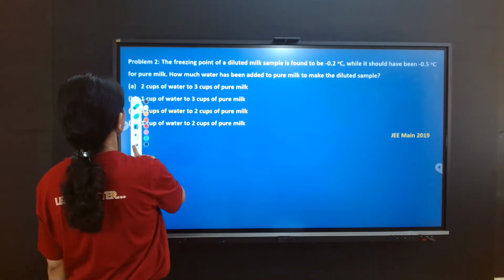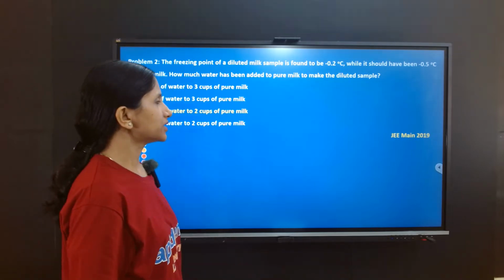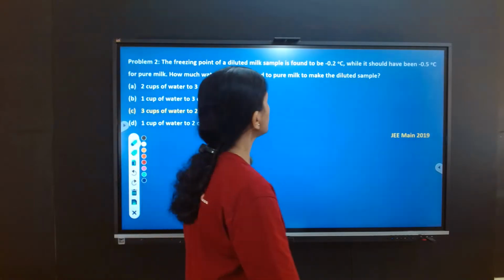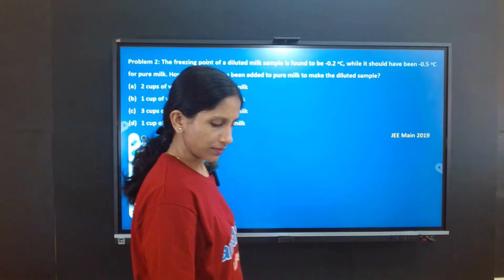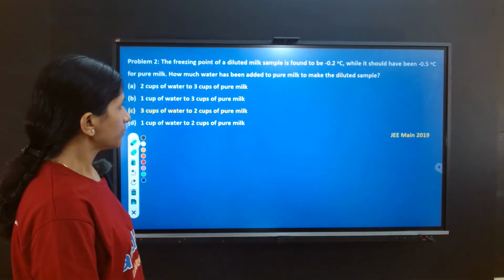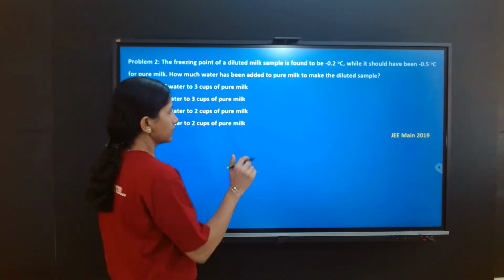So we have to focus on the information that actually is given, and based on that we can solve the problem.